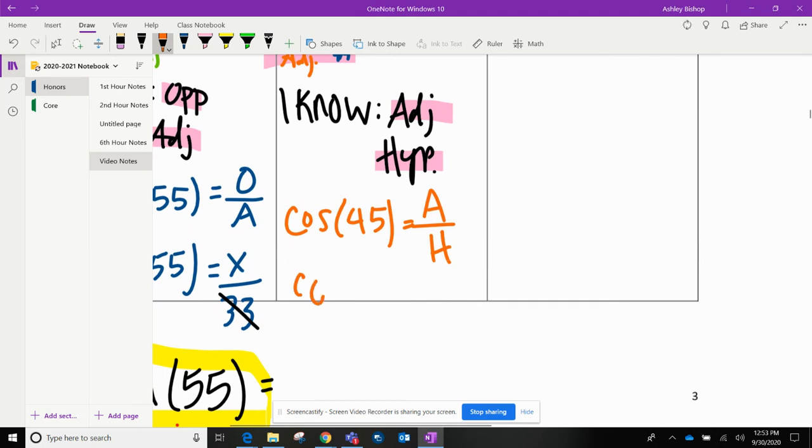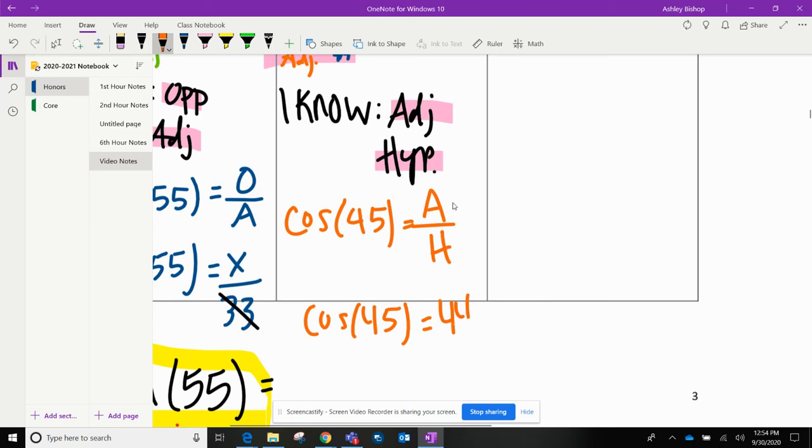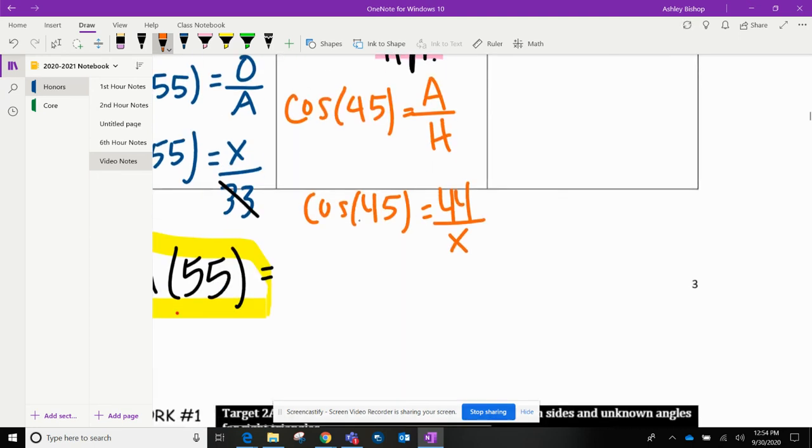So let's see, cosine of 45 is equal to adjacent, which is 44, over my hypotenuse, which is x. I need to get x by itself. No matter what, though, I need to get rid of this fraction. So again, in order to get rid of the fraction, I'm going to multiply both sides by the denominator.